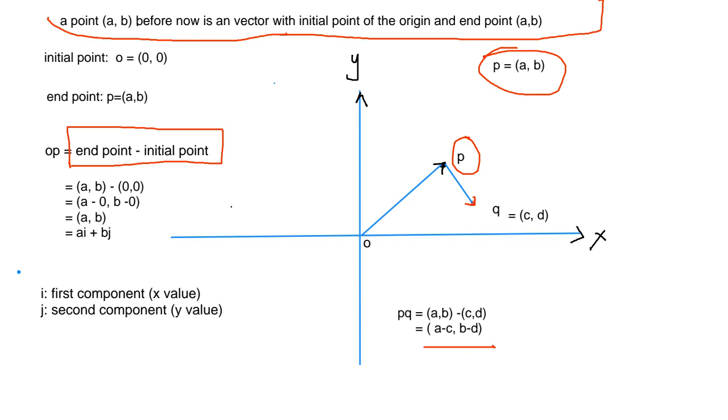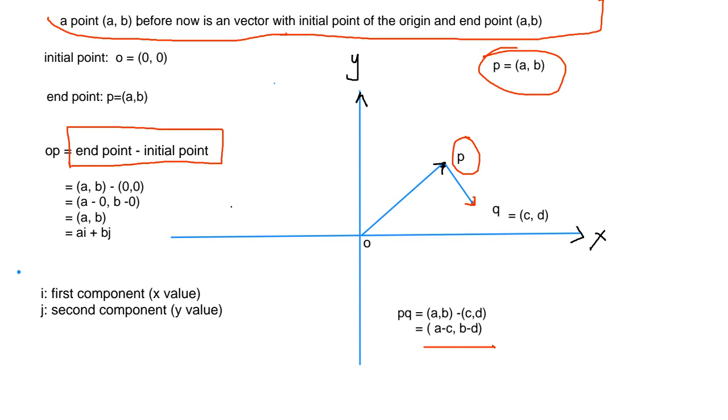But can we equalize this with one point? Oh, you mean PQ point? PQ is not a point, right? You see, P is at one place, Q is at one place. It's just the point A minus C, B minus D. If we want to draw it, we have to draw this way.